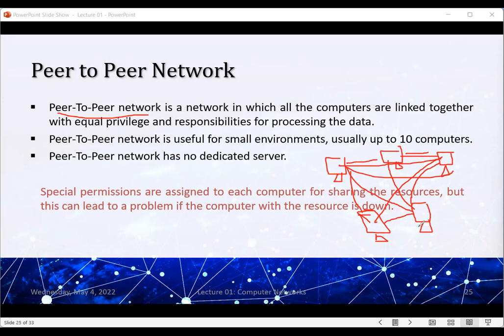Usually we use peer-to-peer network architecture for small environment, like if we have 2 computers, we can use peer-to-peer. In the peer-to-peer network, there's no server. Everyone act as a client and they share the information. So do you know the meaning of the client and the server, students?